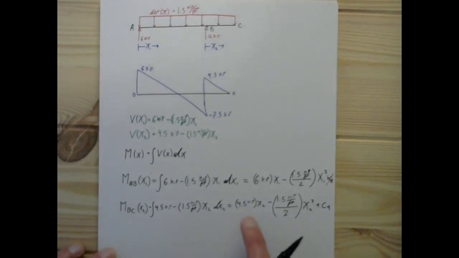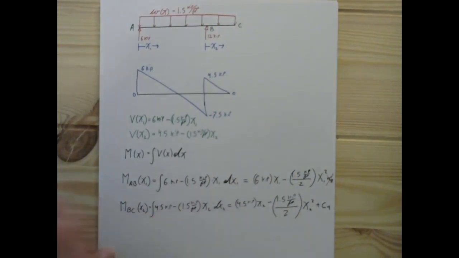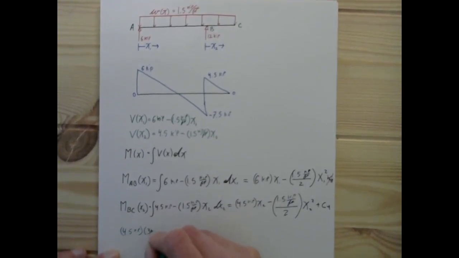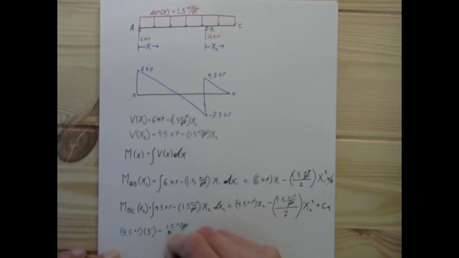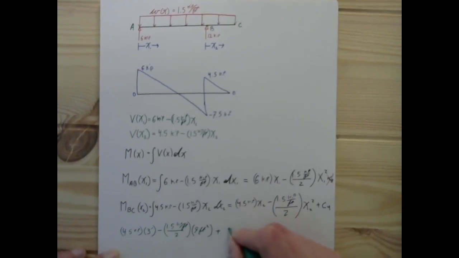So we can put a 3 in for x2 because x starts over at B, and that will give us 4.5 kips times 3 feet minus 1.5 kip per foot divided by 2 times 9 square feet plus constant of integration C4 equals 0.